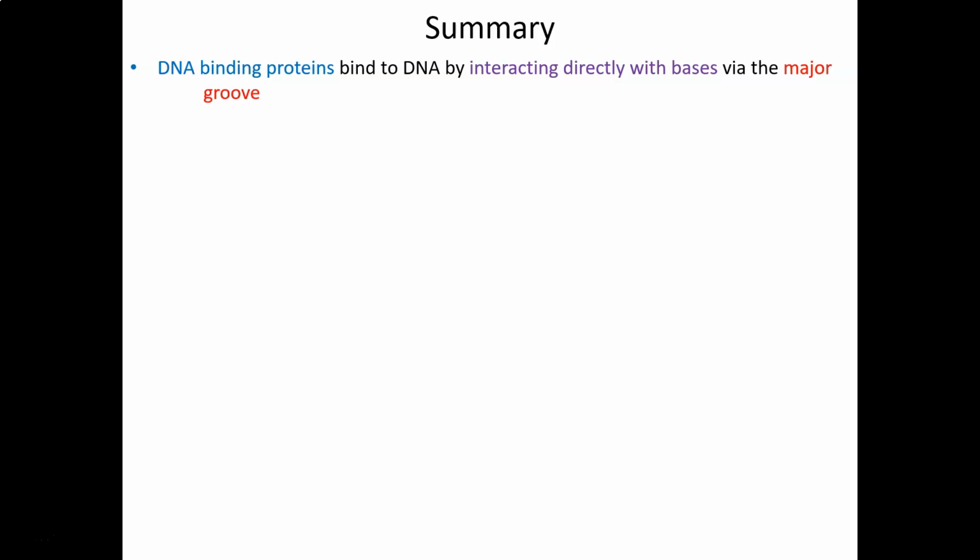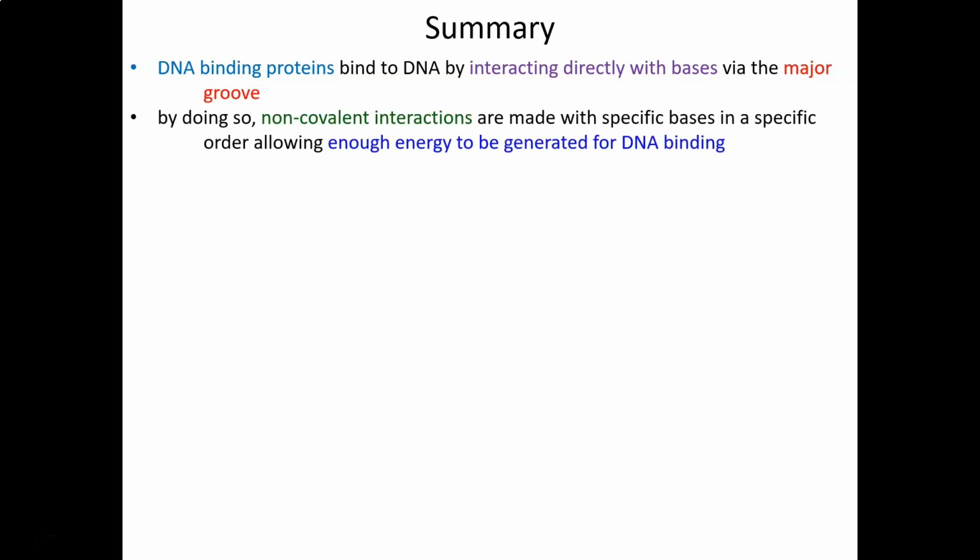And the protein can now interact with that DNA specifically and have a sum total of weak interactions that provides enough force to recruit that protein to that region, very much like the Velcro analogy. So these non-covalent interactions are made only with that specific sequence of bases in that specific order, allowing enough energy of interaction to be generated to keep that protein bound to that sequence.